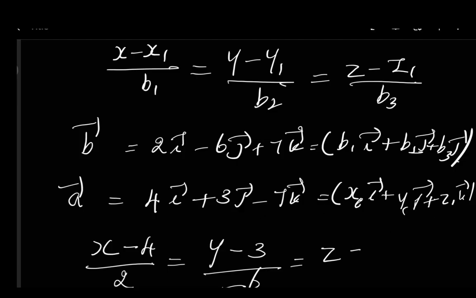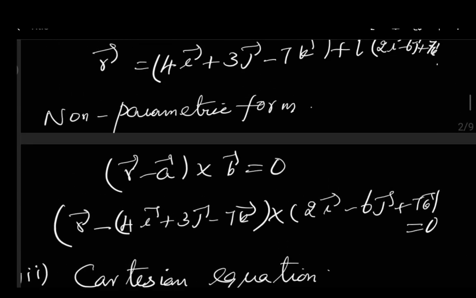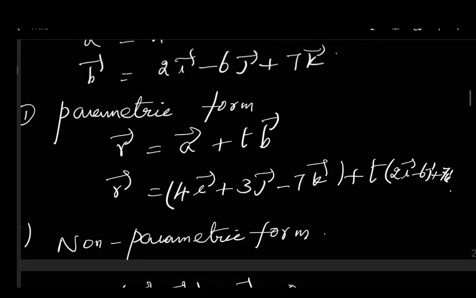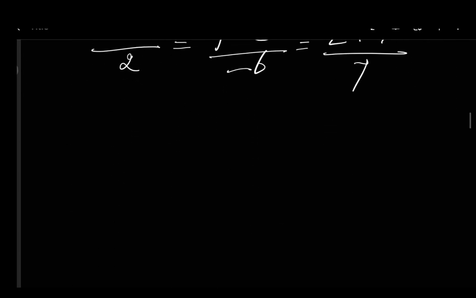So already one minus here, so plus 7, divided by b3, which is 7. So this is the Cartesian equation of a line. So I represented it in three forms. They didn't ask you for the parametric form, just know the idea. Non-parametric form and Cartesian form.